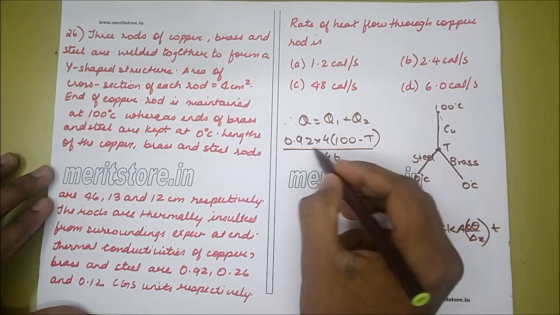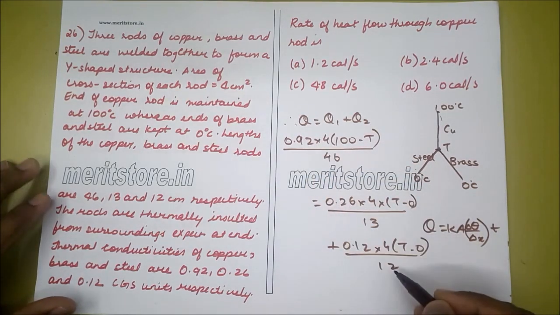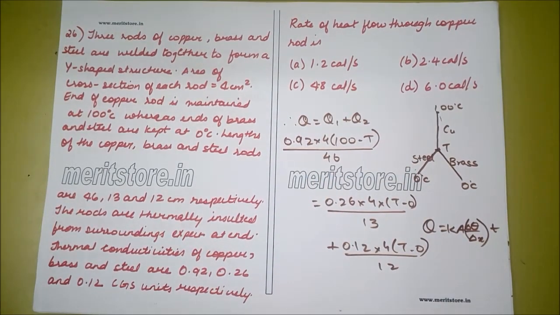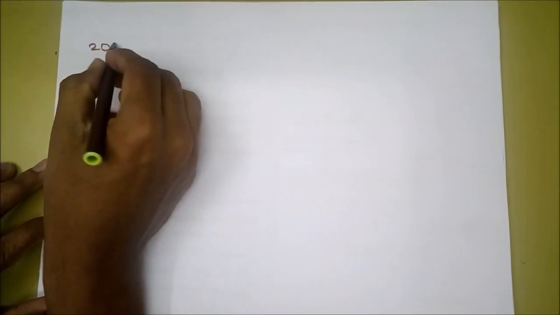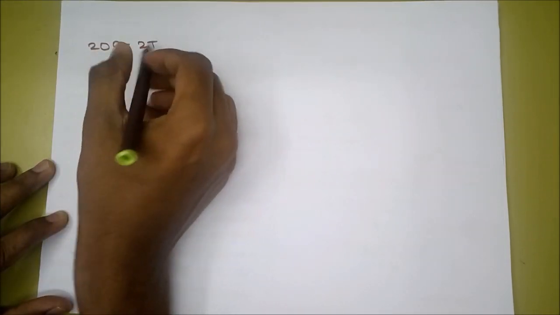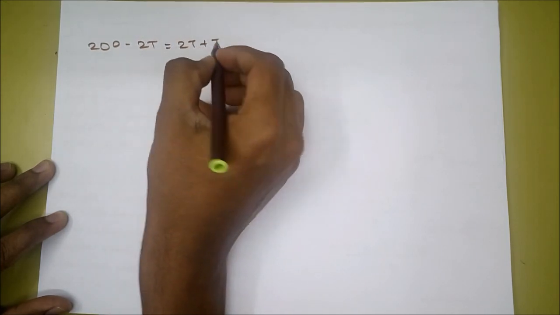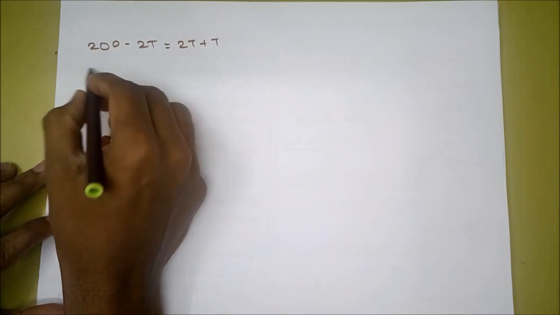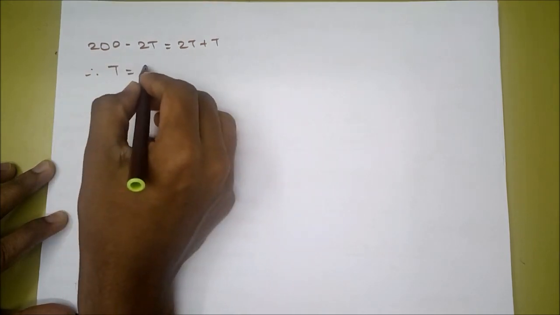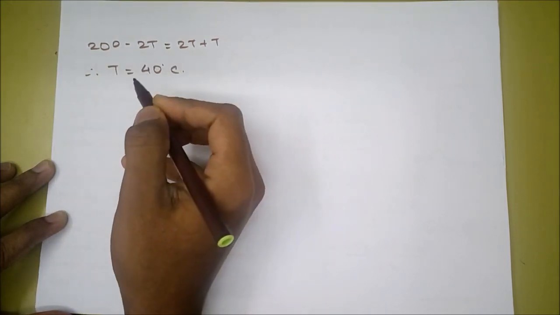Now as you can see, 46, 92, 13, 26, 12, 12, all these are multiples of each other, and so solving further we get 200 minus 2T is equal to 2T plus T. So therefore T is equal to 40 degrees Celsius.